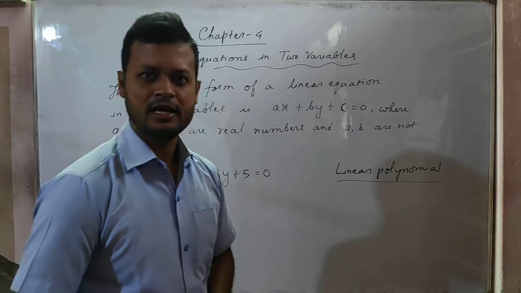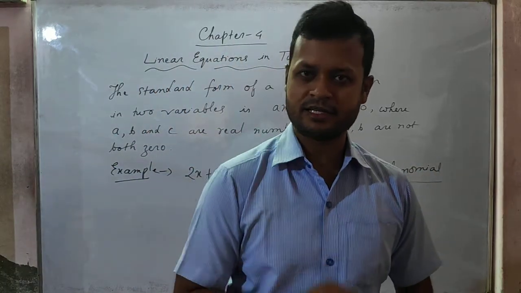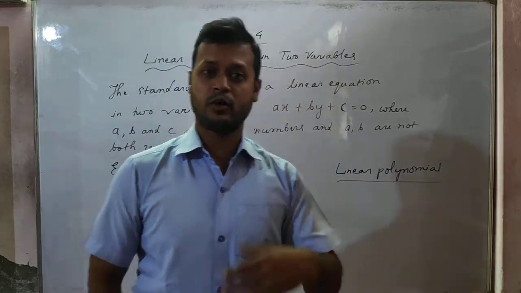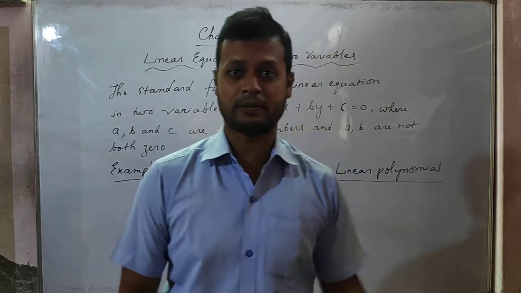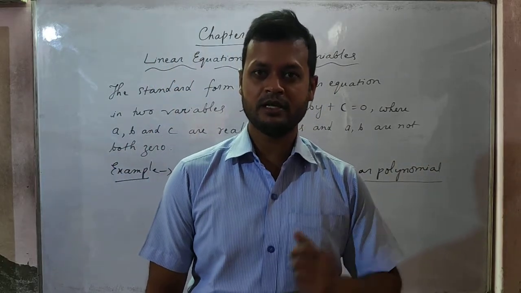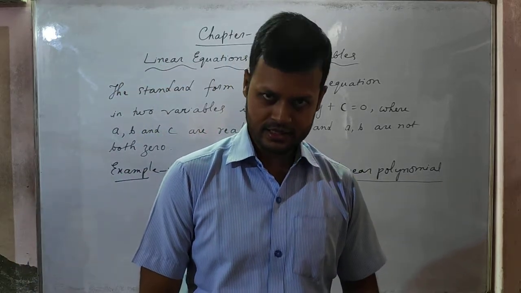Then only it will become a linear polynomial. Degree 1 then linear, degree 2 then quadratic, degree 3 then cubic. Do you all remember? And then I said while I was explaining chapter 2 that if you learn chapter 2 properly, then only you will be able to grasp the upcoming chapters, that means 3 and 4, isn't it?